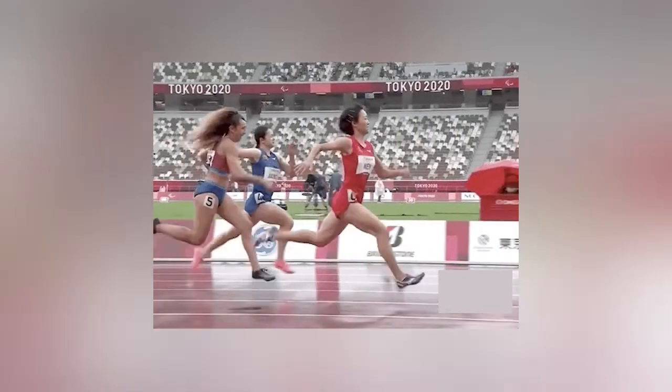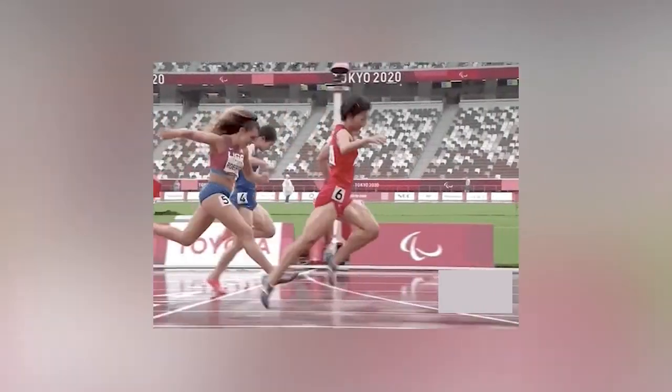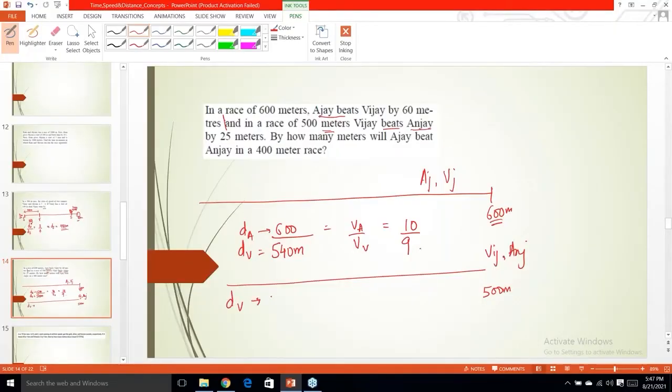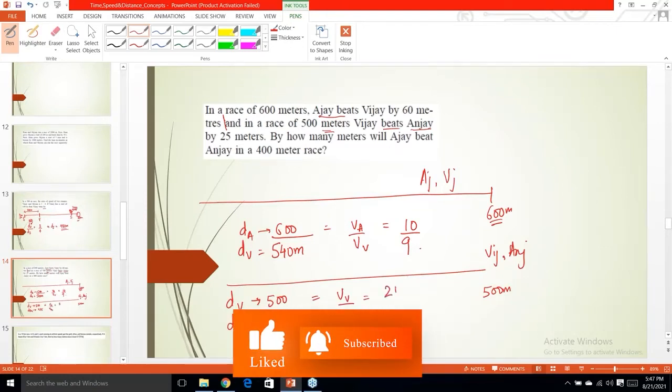Vijay beats Anjay by 25 meters, which means that when Vijay would have covered 500 meters, Anjay would have covered 475 meters. Since they again travel for the same time, this is the ratio of the speeds of Vijay and Anjay, which is 500 by 475, which is 20/19. Is this part clear?